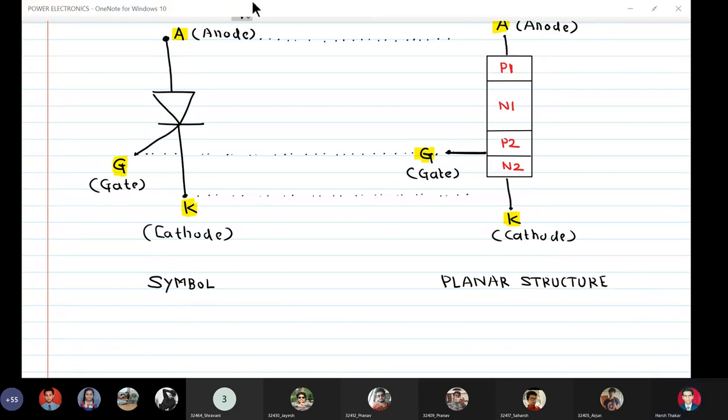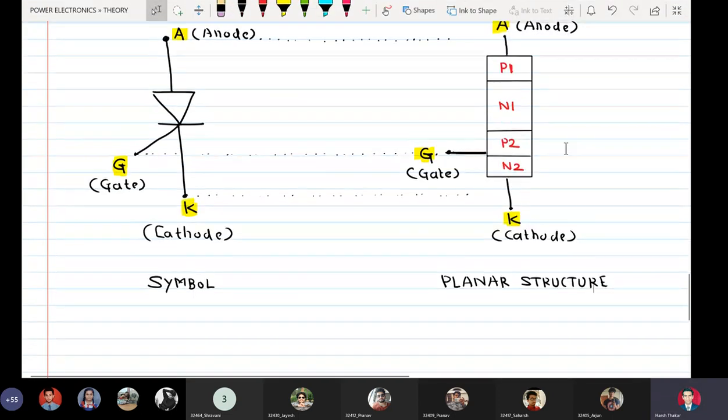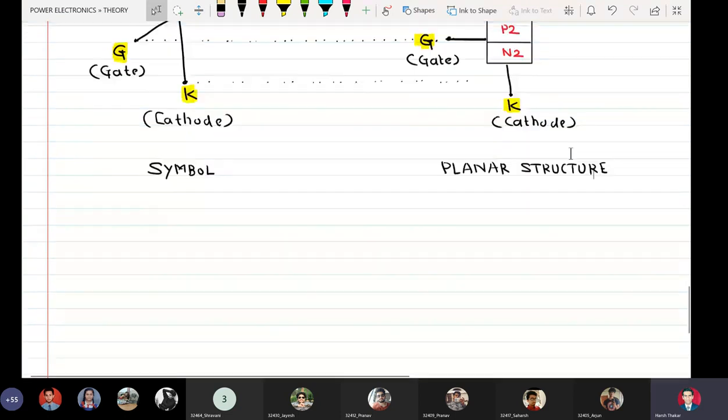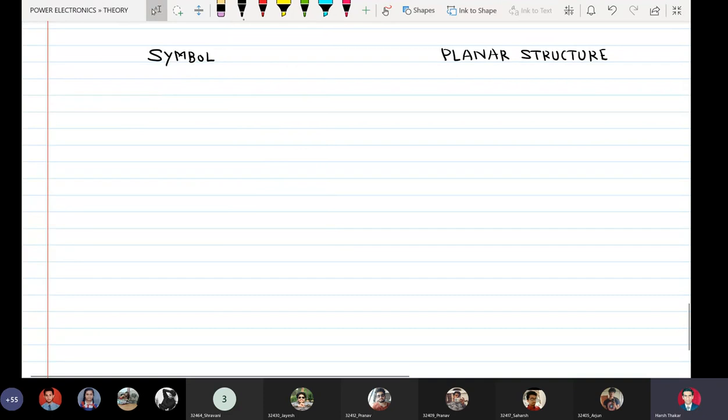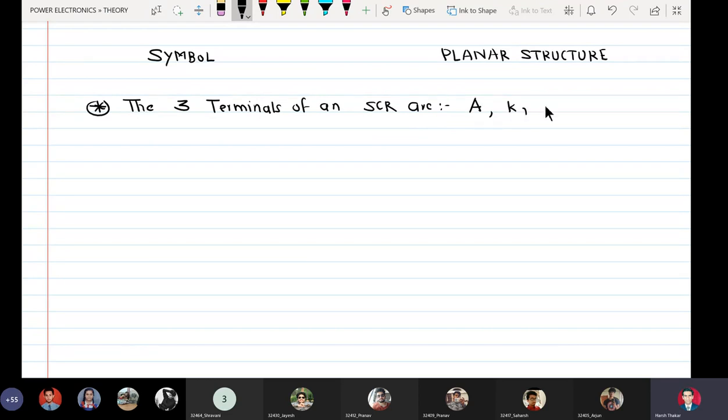Okay, so we can make some observations here. The 3 terminals of an SCR are anode, cathode and gate.